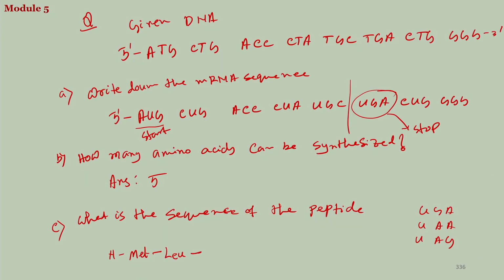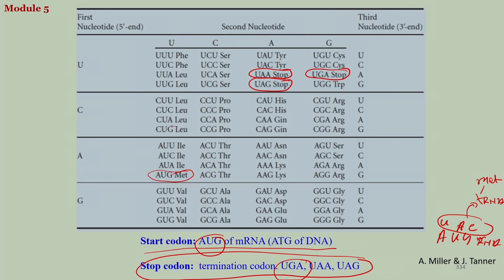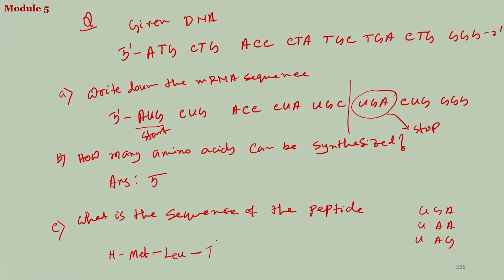I will do another one. ACC: A column, C column, C, ACC is threonine, THR. Similarly, you will have another leucine here, you will have a cysteine here, and then you have a stop signal.